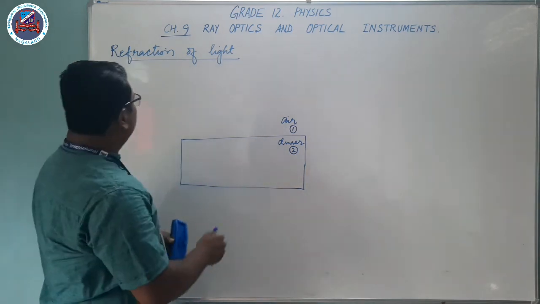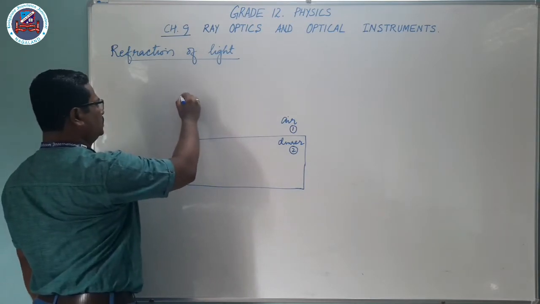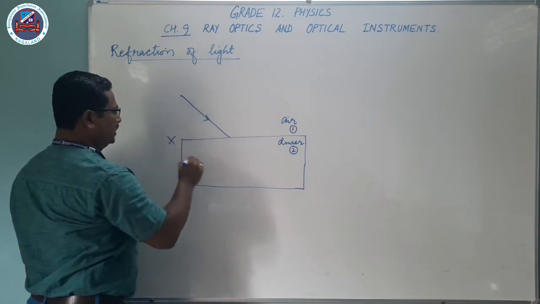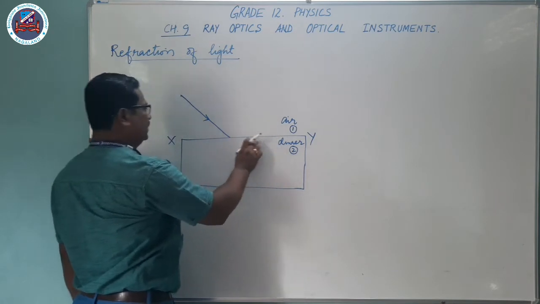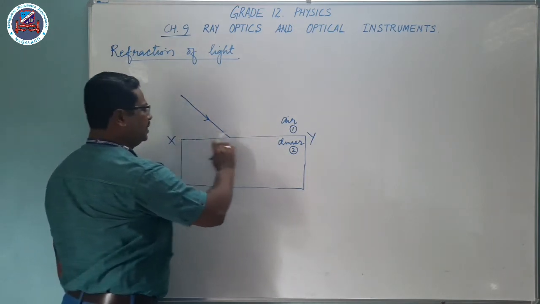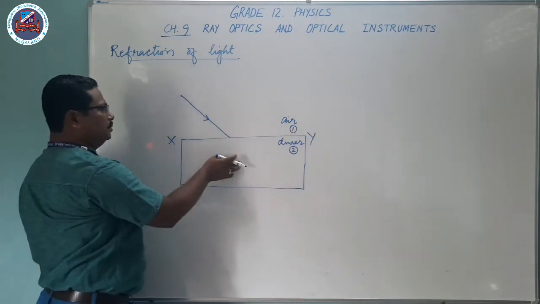So whenever light passes, suppose there is a source, from there a ray is incident on the interface XY. Interface is the line segment that separates the two media. Suppose this XY is the surface of the glass that is separating the two media.